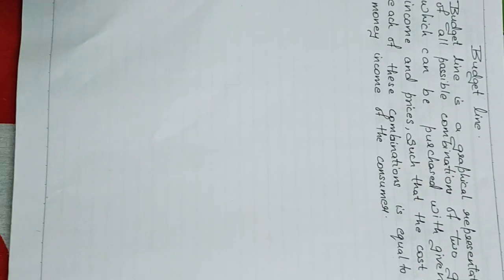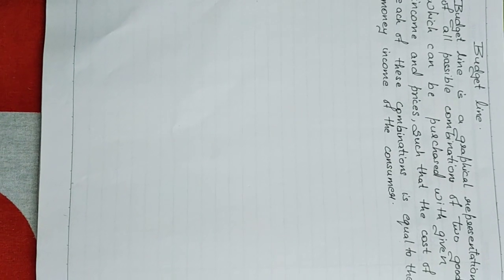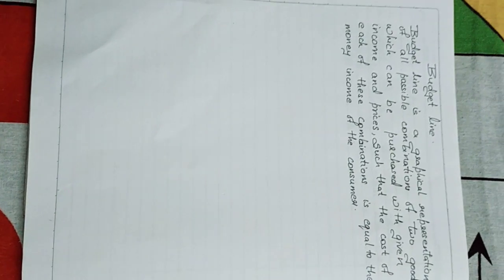Budget line is a graphical representation of all possible combinations of two goods which can be purchased with given income and prices, such that the cost of each of these combinations is equal to the money income of the consumer. Once again I am reading it.